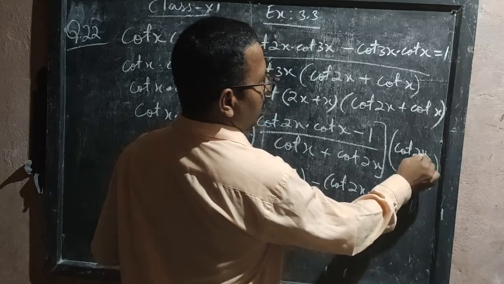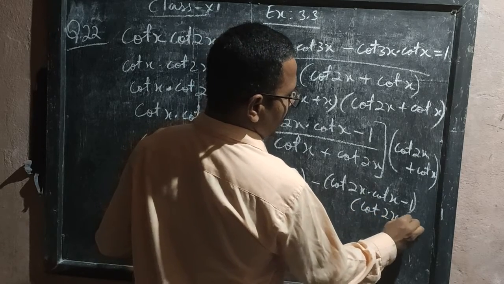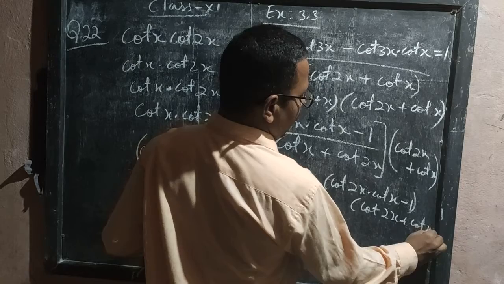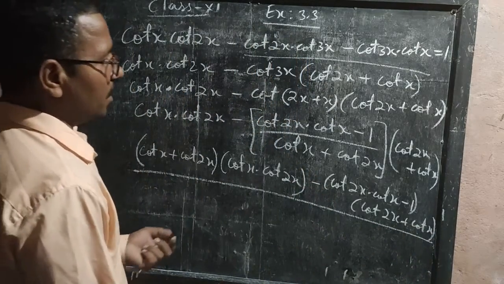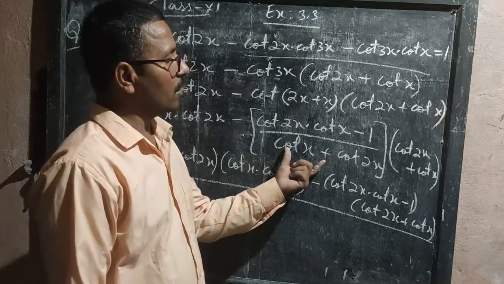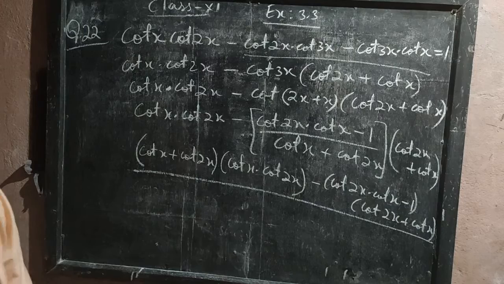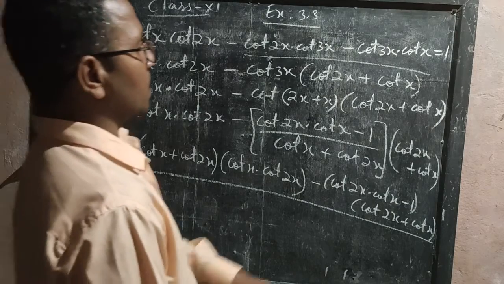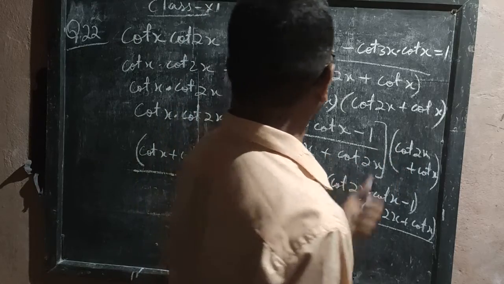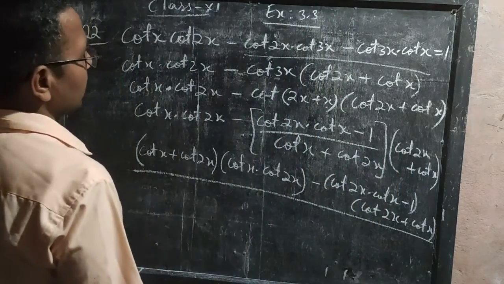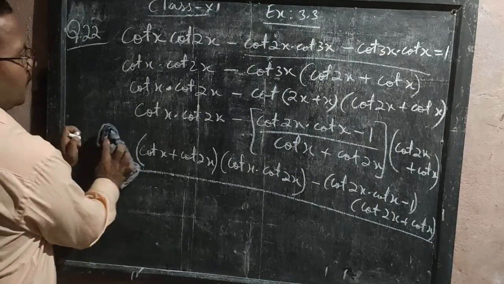Close the bracket, and here you will get cot 2x plus cot x. And in the denominator, this much was the LCM. Generally students, there is no need to take the LCM here. Cot 2x plus cot x is already in multiplication, so it can be cancelled, and opening the brackets directly gives 1.